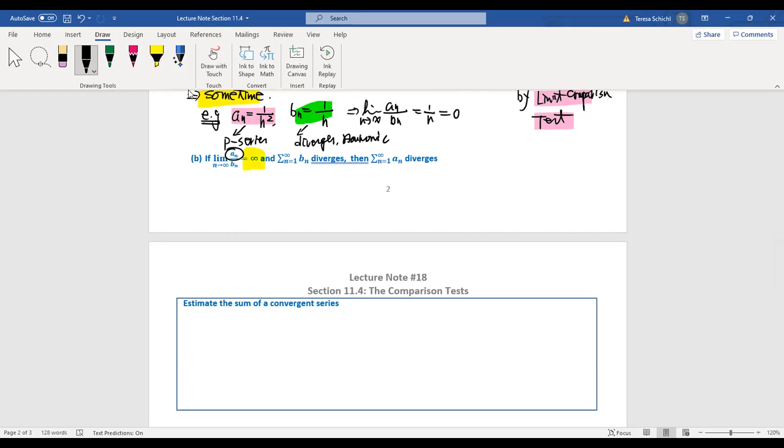So if b_n diverges, then a_n diverges. Is this always true? Yes, this is always true. Because this is going to infinity, that means a_n is going to be a lot faster. So if b_n diverges, then a_n is faster than b_n, so of course a_n diverges.